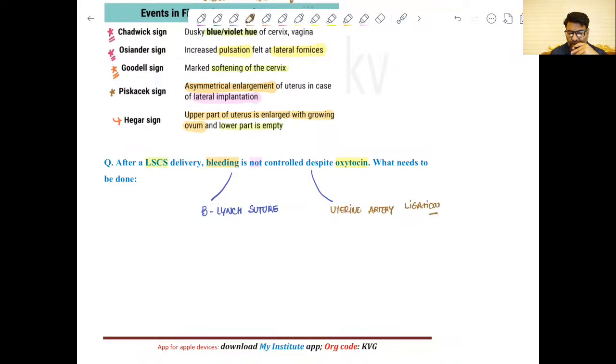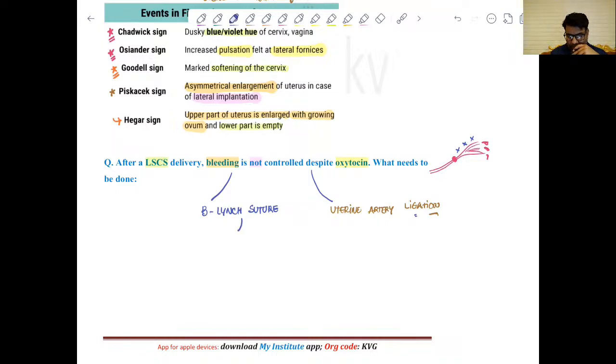So if we ligate the artery, suppose this is the artery and it is giving branches like this, and this is the source of bleeding. If you ligate it from here, there will be no blood flow forward and there will be no bleeding. So this is arterial ligation, and since we are dealing with the uterus, it is uterine artery ligation.